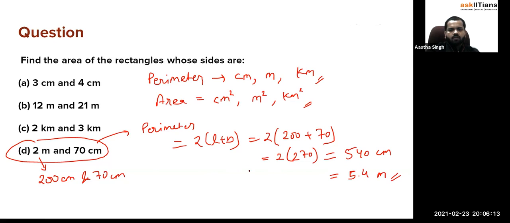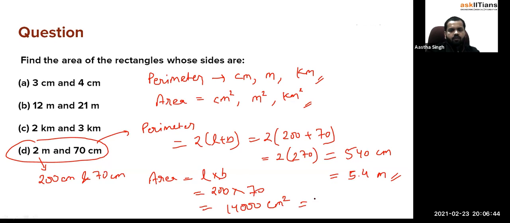So second is to find the area. If the units of your length and breadth are not the same, the first priority should be to make them the same unit, then calculate the area. Area is length into breadth. What is length? 200 into breadth 70 is 14,000 centimeter square.